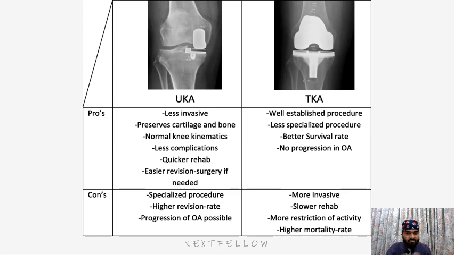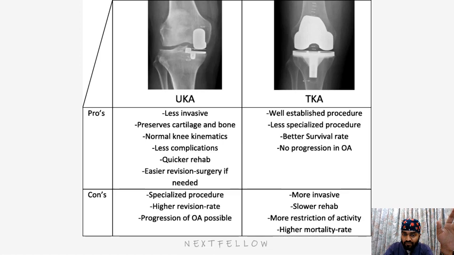It's not that every other person will be adept or will be well trained. So it's a very, very specialized procedure, because if you see, this is the femoral condyle. Okay, this is the tibial condyle. Specialized procedure, that is one. There is a higher revision rate.